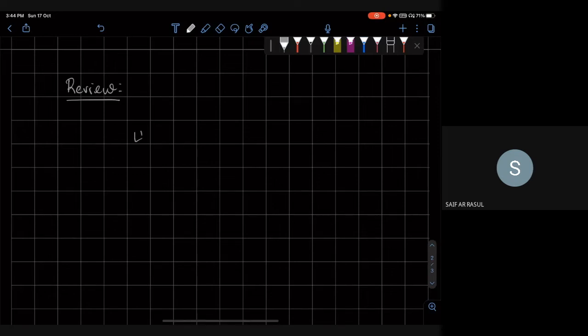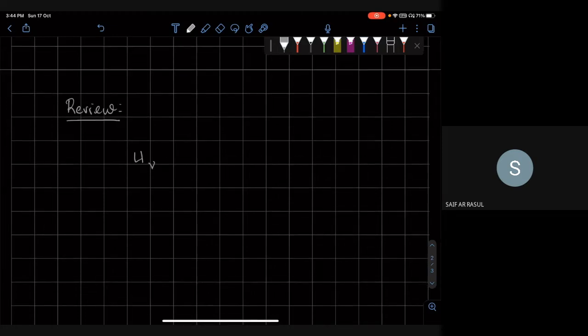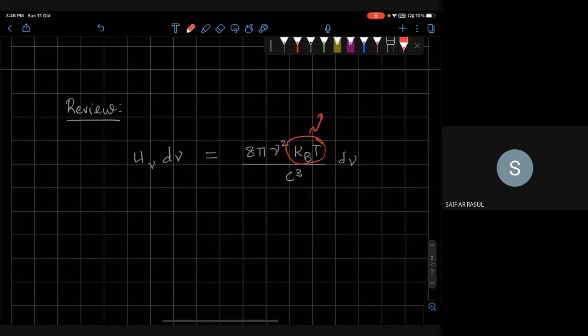So what is the Rayleigh-Jeans formula? It gives me the radiation density around the frequency nu in an interval d nu, and it's given by 8 pi nu squared kB T divided by c cubed d nu, where the factor kB T came from the equipartition theorem.